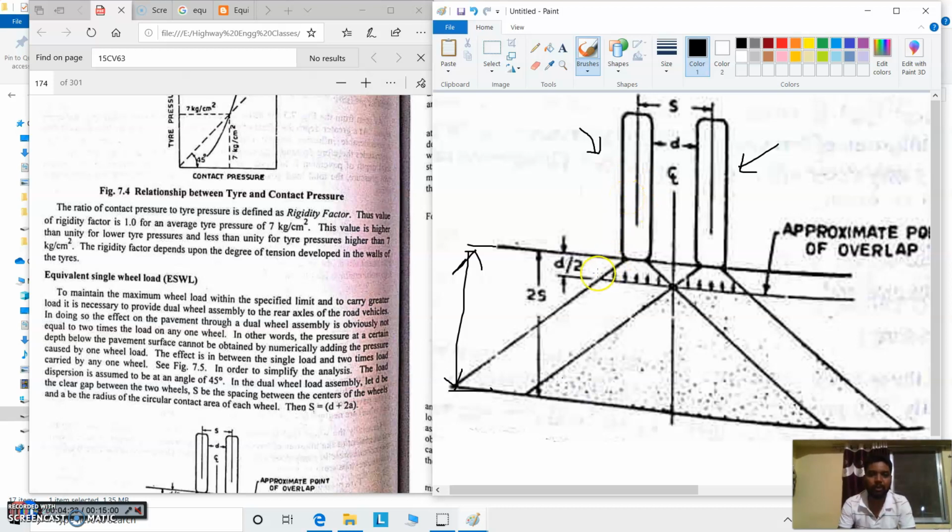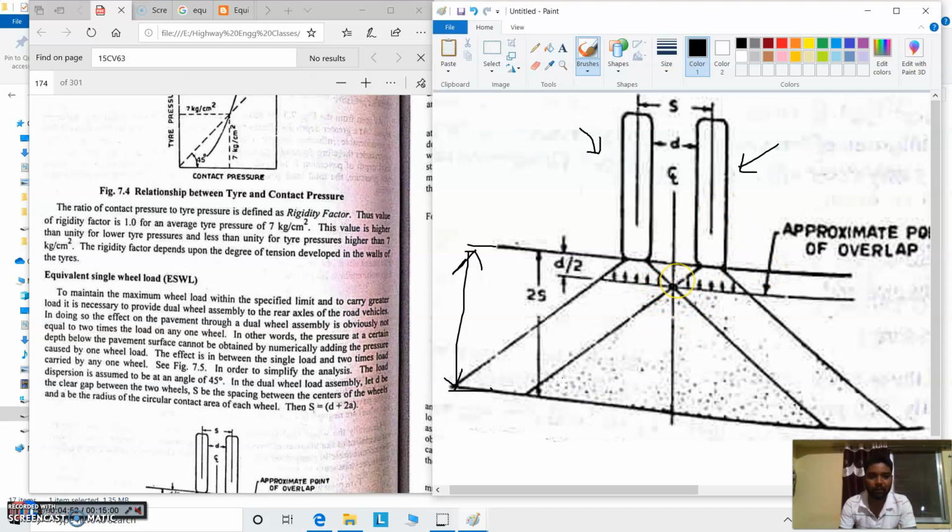You cannot expect the total deflection caused by the load to be computed by simply adding the wheel loads on the individual wheels, right? So for that reason, the effect is to be considered by taking into account the overlap of these loads. The effect is in between the single wheel load and 2 times the load carried by any one wheel.